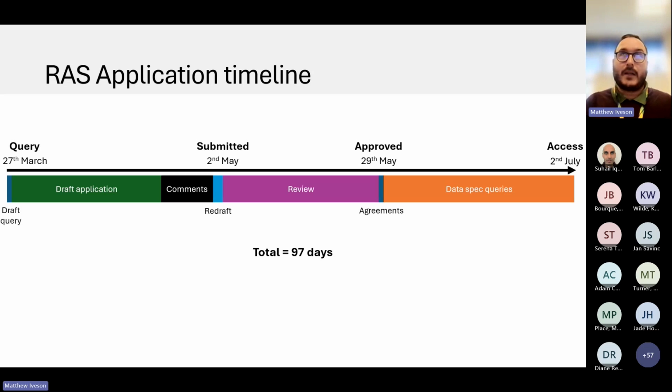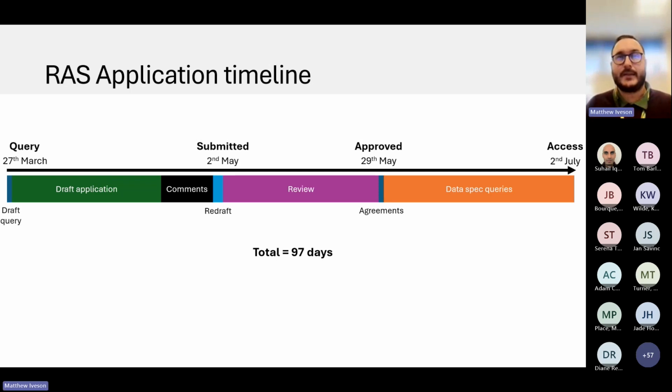Really helpfully during that process was a lot of comments from the Idris team about particular sections that weren't particularly clear, or particular documents I hadn't filled in appropriately. And so after doing a little bit of tweaking and redrafting, I submitted the full application on the 2nd of May.